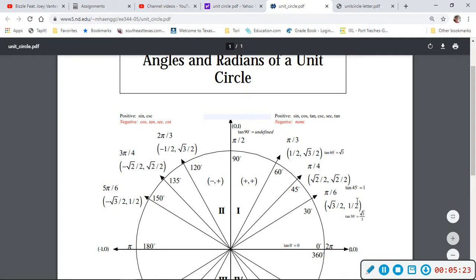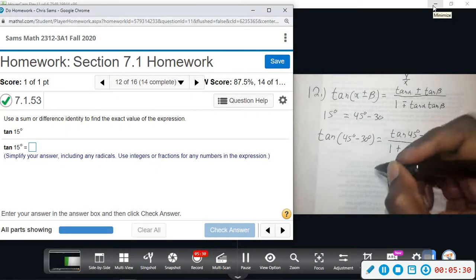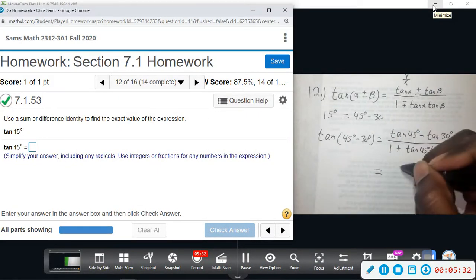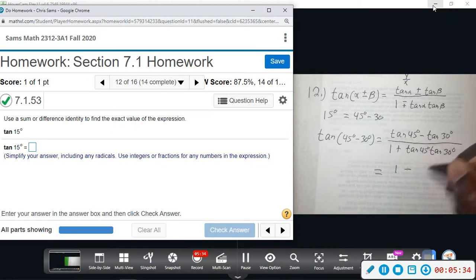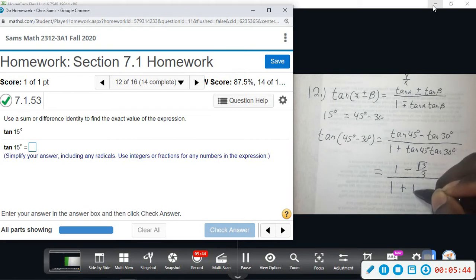So I'm going to be inputting those values in, 1 and square root of 3 over 3. That equals 1 minus square root of 3 over 3, then on the bottom we have 1 plus 1 times the square root of 3 over 3.